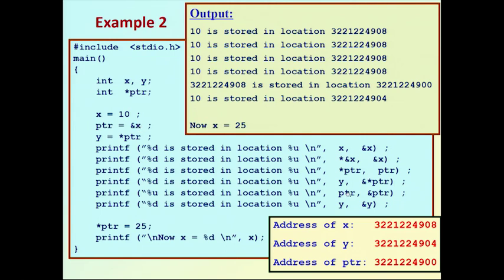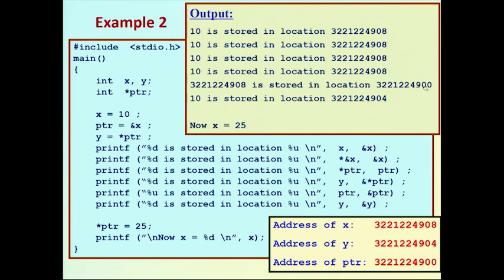And ampersand PTR is the address of PTR. That means the address of x is stored in PTR, and this is the address of PTR, which is another location, because PTR is also a pointer variable.